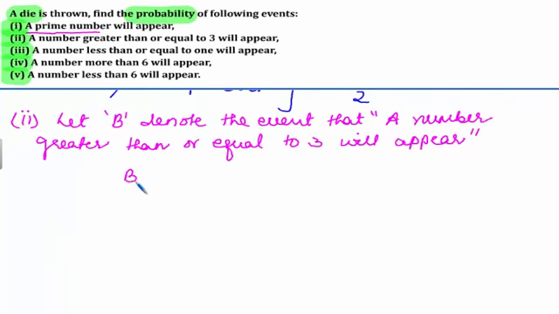So here the set B will have the sample points 3, 4, 5 and 6.